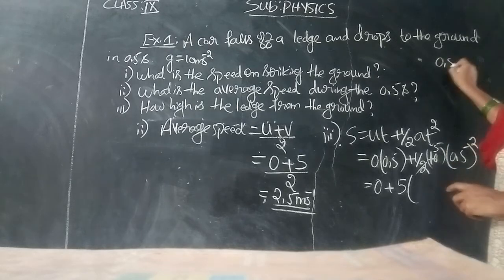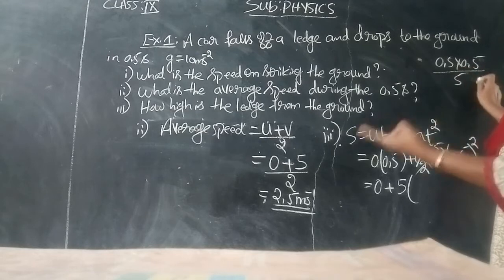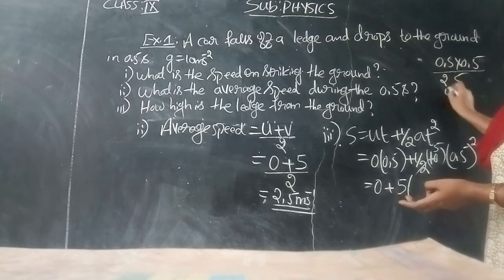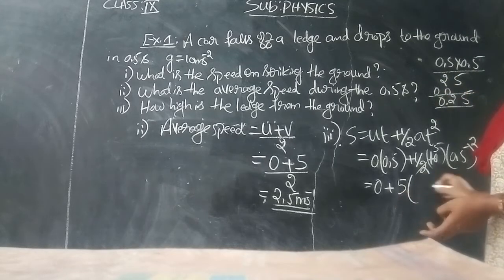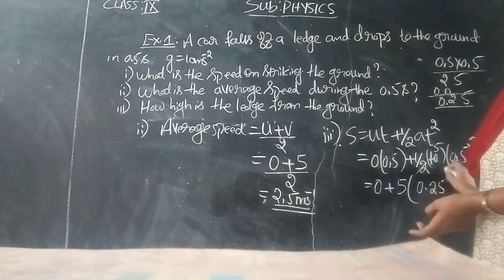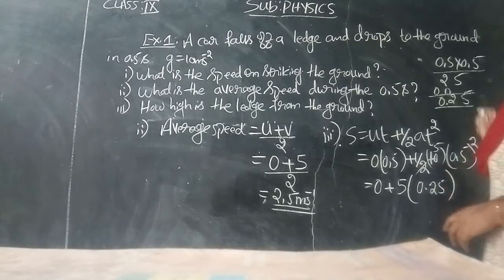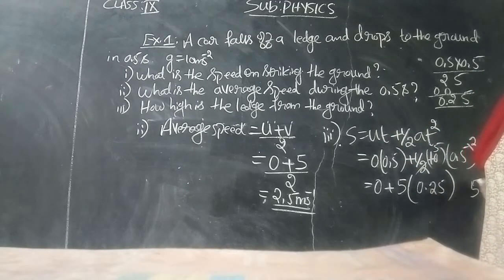So you can multiply here 0.5 into 0.5. 5 5s are 25, 2 carry, 5 zeros are 0, 0 plus 2, 2 only. So after 2 digits, 0.25. Understood children? 5 into 0.5 is 0.25. Now multiply this also. 0.25 into 5.